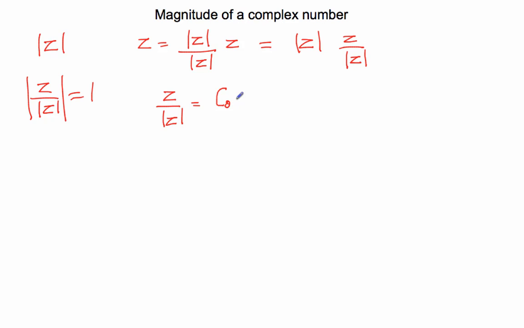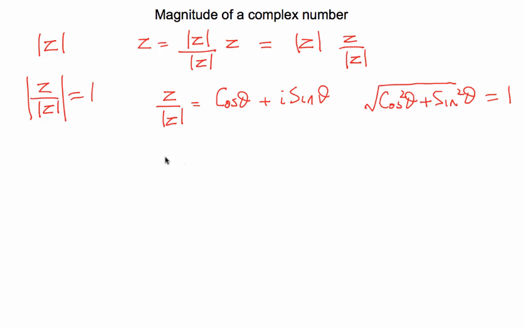I'm going to write this as cosine theta plus i sine theta. Now, obviously, this has magnitude 1 because if I take the square root of the real part squared, what we called a earlier, that's cosine squared theta, plus the square of the imaginary part, sine squared theta, well, that's equal to 1. We all know that. And so, therefore, any complex number with magnitude 1 can be written as cos theta plus i sine theta.